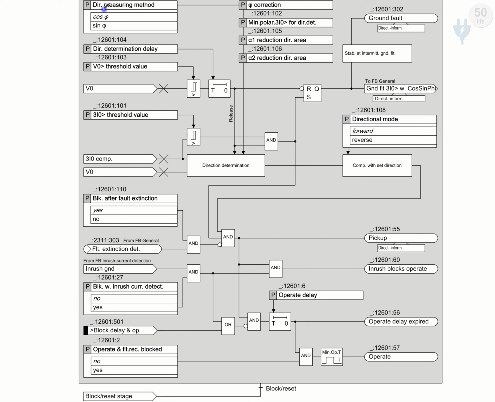For the direction determination for this block, we have discussed before which system we should use the method of measuring cosine or measuring sine method in previous sessions.